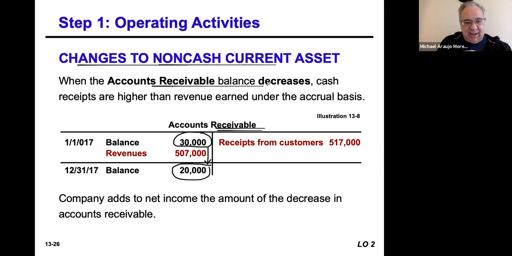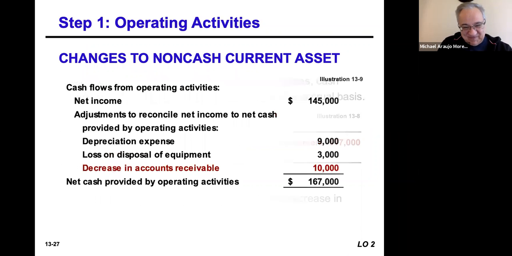So if accounts receivable goes down, we're assuming your cash went up. And so we add in the additional cash you collected from accounts receivable.